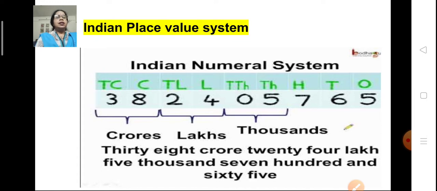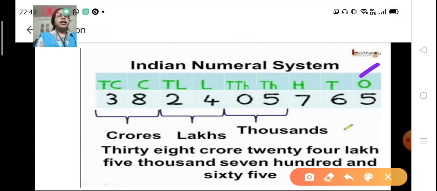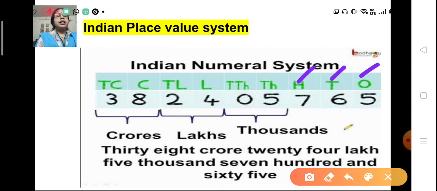So, what is the Indian numeral system? In the Indian numeral system, we have places like ones place, tens place, hundreds place, thousands place, 10,000s place, lakhs place, 10 lakhs, crores and 10 crores. So, we will read the numbers according to their place values.